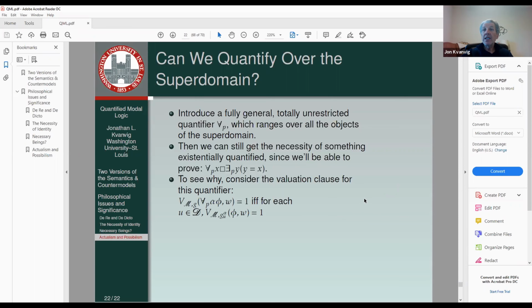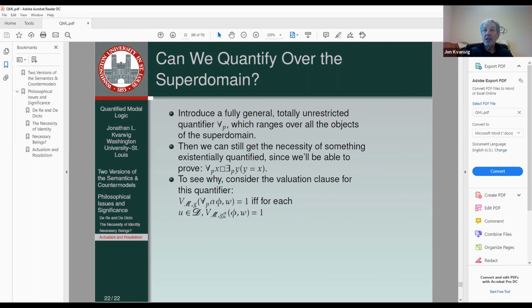To see why, consider the valuation clause for this quantifier. When does a formula get assigned a value of 1 at a world? You've got to have a model, and you have to have this function that assigns temporary objects to free variables in the formula if there are any.